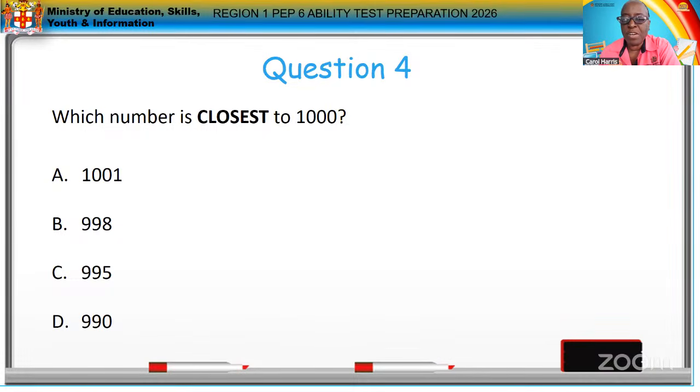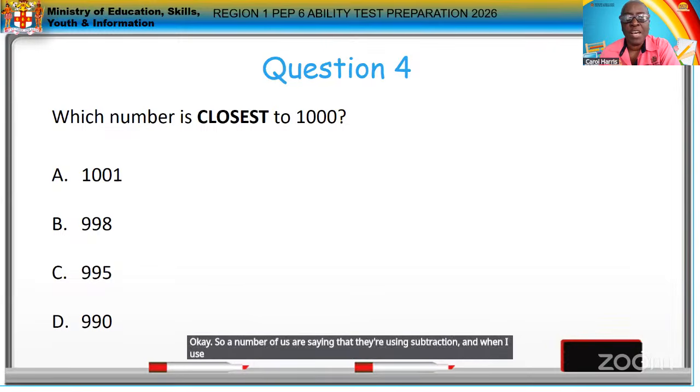Let me see if there are any others: by subtracting, by comparing the place value, rounding off. A number of persons are saying they're using subtraction, and when I use subtraction, I'm finding something. In math we would describe the result of subtraction as what?